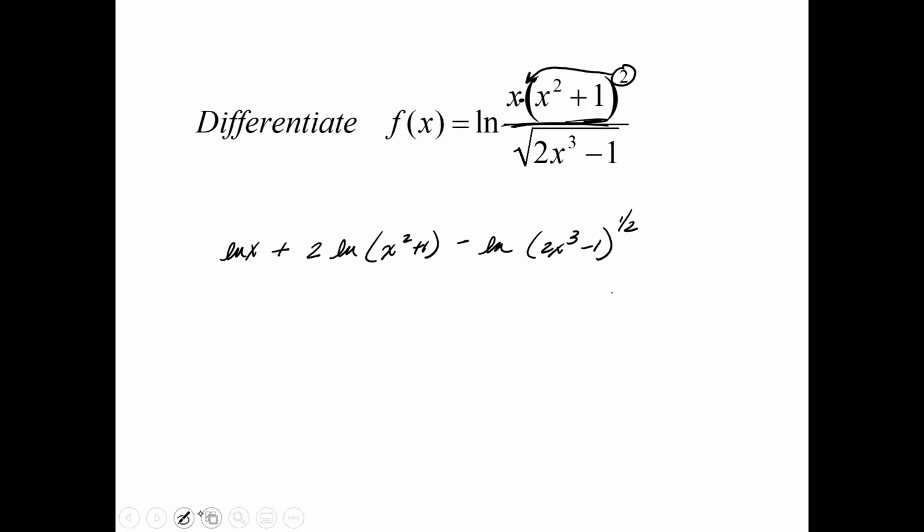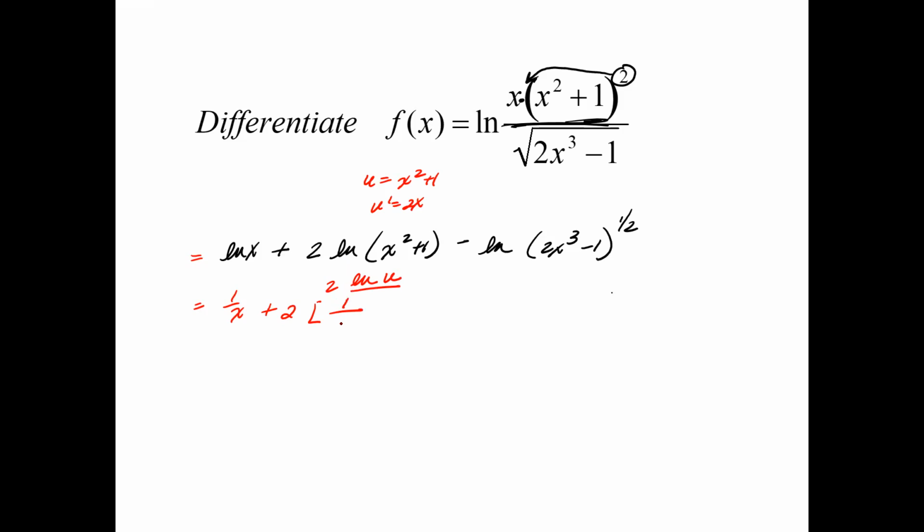Okay, once you have this, you can find the derivative of the ln's separately. Derivative of ln x is 1 over x. Here, you're going to let u be x squared plus 1. u prime is 2x. So think of this as 2 ln u, okay? So then, what is the derivative of ln u?